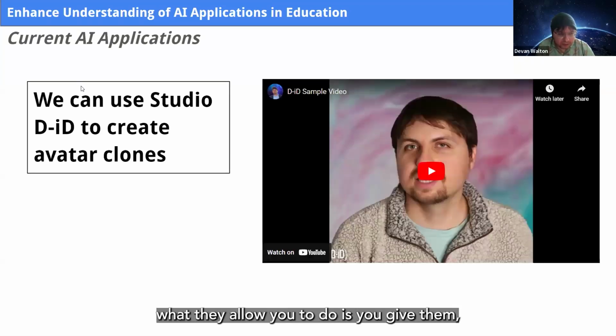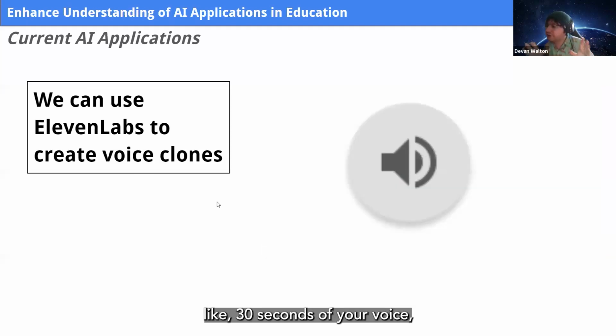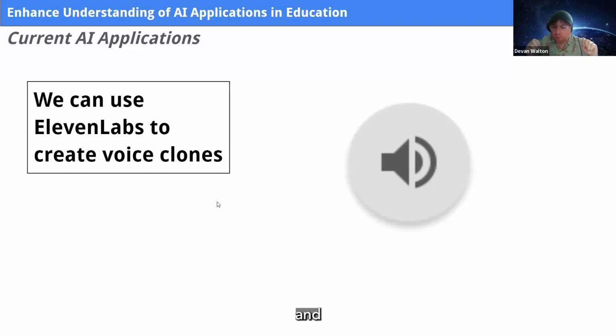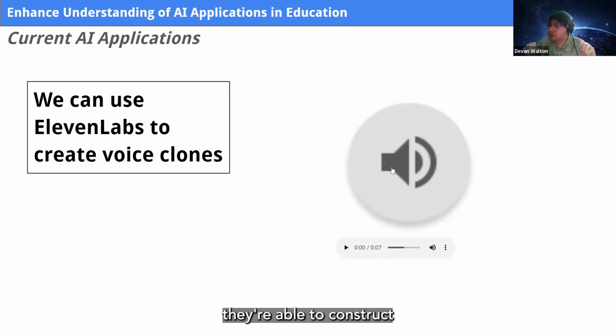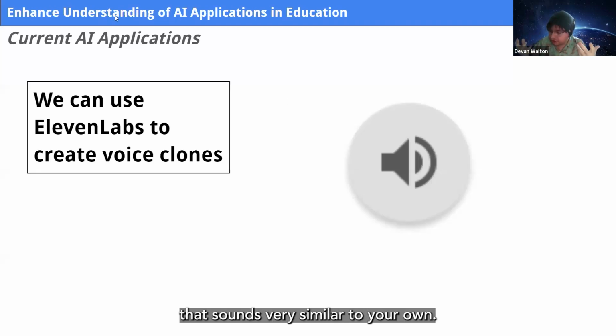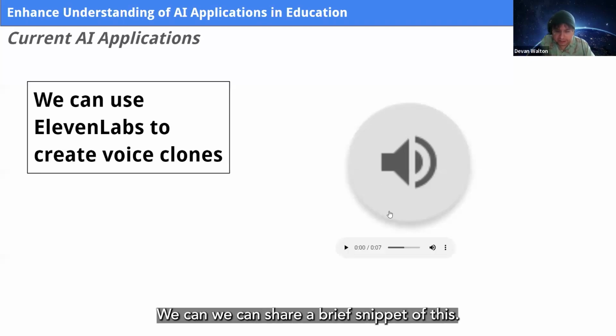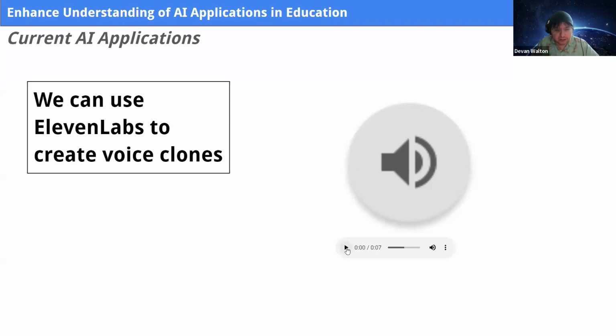Essentially, you give them about 30 seconds of your voice, and they're able to construct a vocal model, or a voice font, around your voice, so that you can type something in and it will create an artificial voice that sounds very similar to your own. In this case, I've tried this with my own voice. We can share a brief snippet of this.